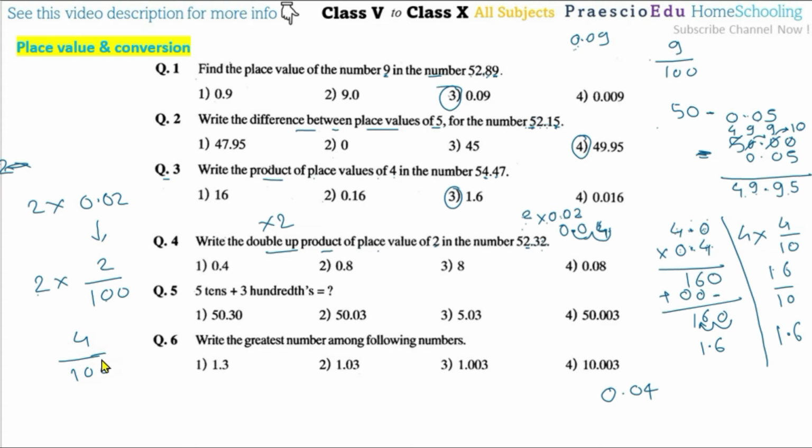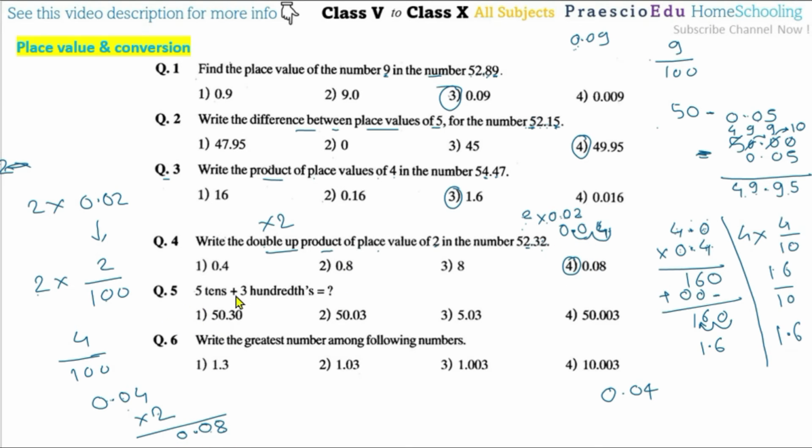After this divided by 100, we can get 0.04. After that, we have to make the double up, means multiply by 2 again. So now 2 multiplied by 4 is 8, then 2 multiplied by 0 as it is, and then the decimal point as it is, means this is 0.08, and this is given in option number 4.